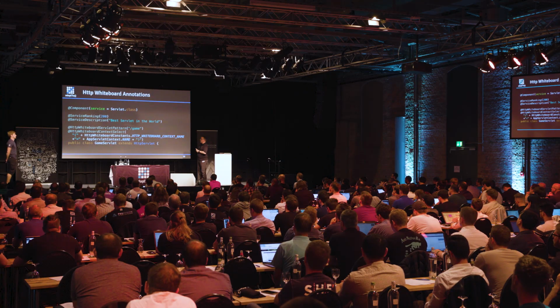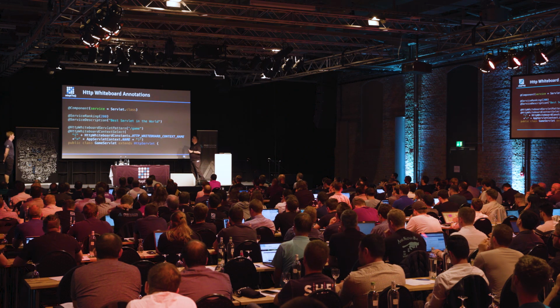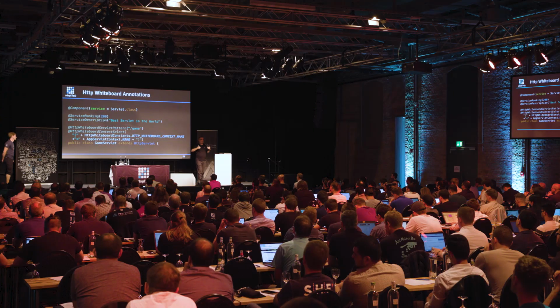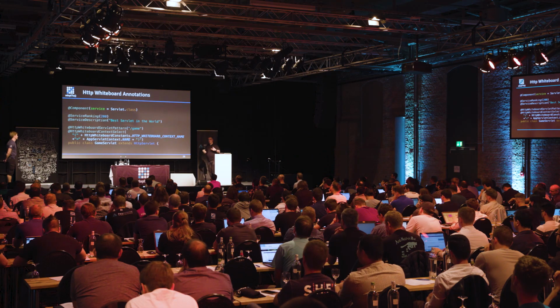I mean, the last one still looks ugly, but at least the one before is much nicer now. And you see now here a usage of the service description property, and a service ranking also. And all these annotations will add properties to your component, and then when your component is registered as a service, these properties end up in the service registry. So it all gets way nicer than before.